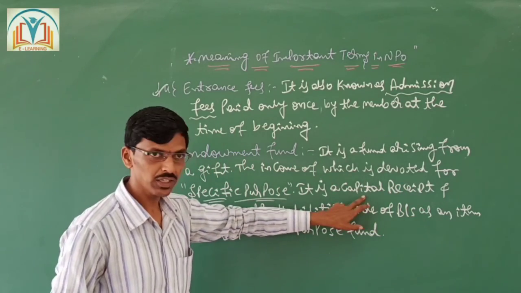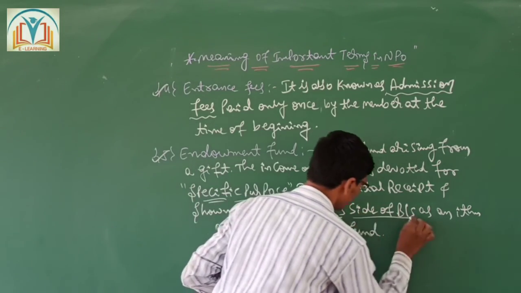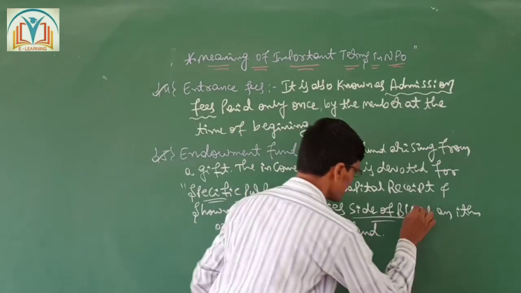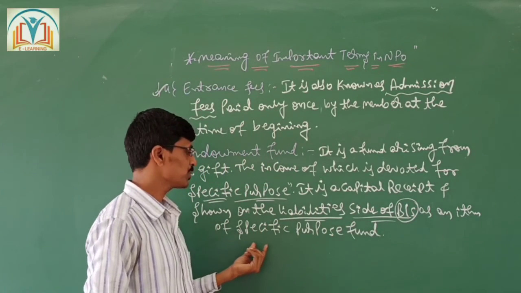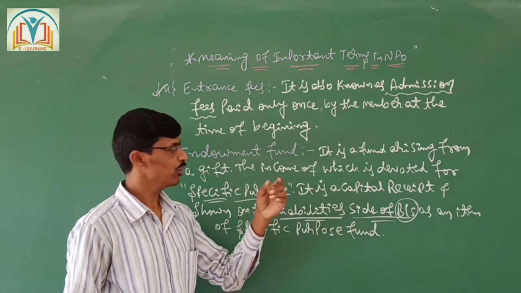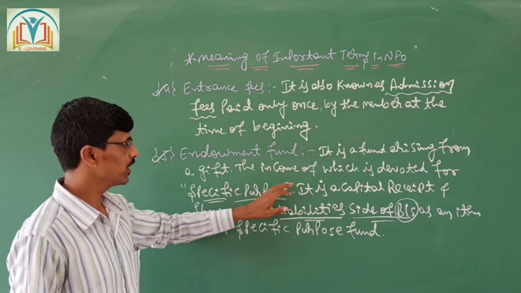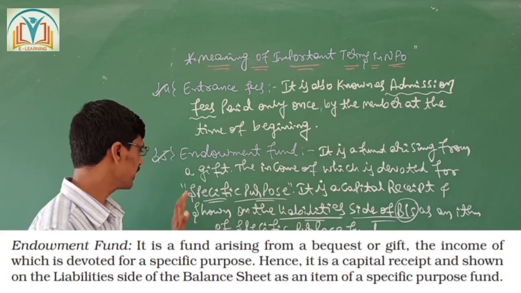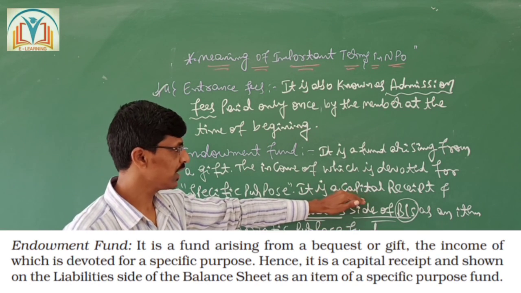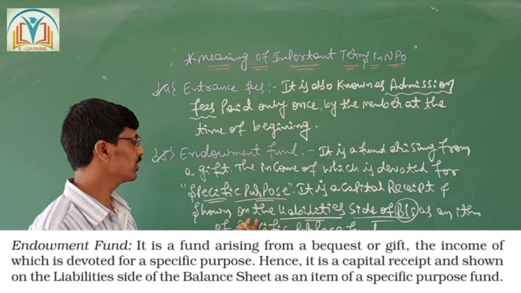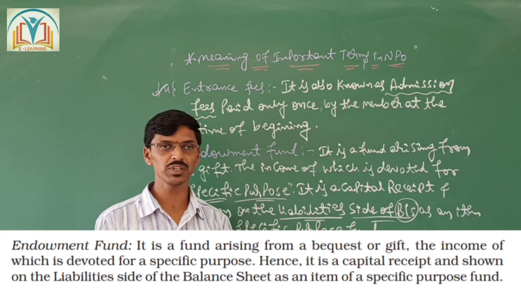Endowment fund is a capital receipt and is shown on the liability side of the balance sheet as an item of specific purpose fund. Endowment fund arises from a gift, the income of which is to be devoted for a specific purpose only.